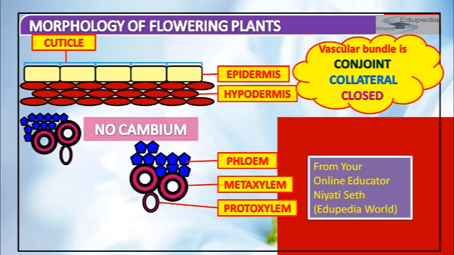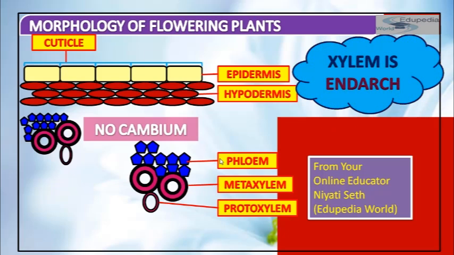See, if cambium is not there, then it is considered closed. If cambium is present between the conductive tissues, then that is known as open. So, hence, no cambium is present, so it is closed type. Xylem is endarch, because the metaxylem is present outside and the protoxylem is present inside.